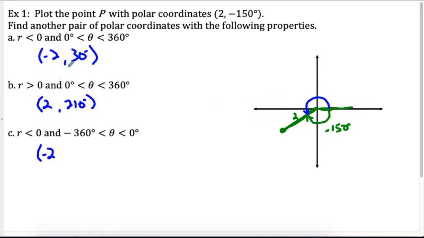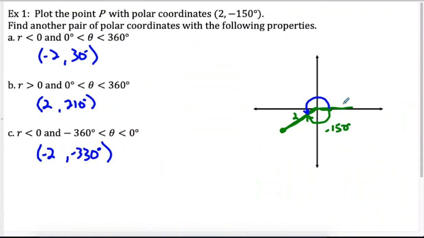So we're saying I'm going to -2, and so we could just look at this one and say, well, find a coterminal angle here that is negative. Well, I would just be subtracting 360 from this, so that would end up being -330.